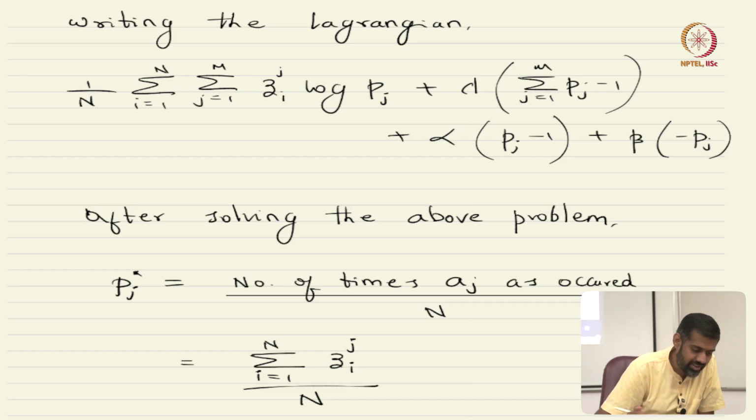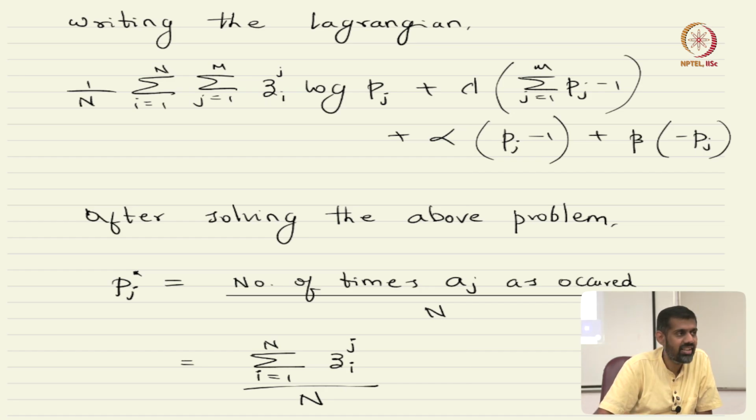To our surprise, it will be, let me see which notation I used for this. It is actually this: the number of times Aj has occurred in D divided by n. So in my notation, what is that?